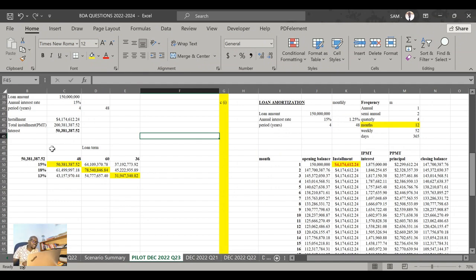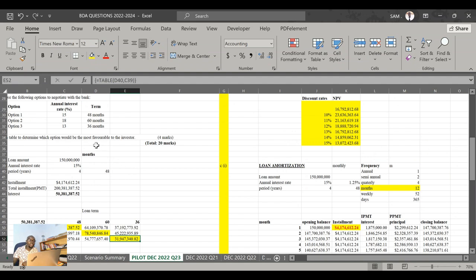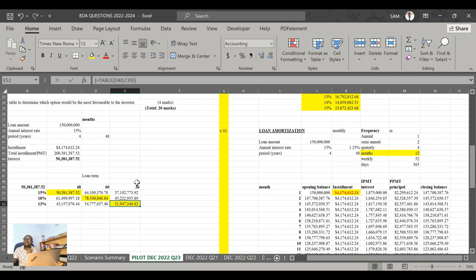So out of the three options, you can see that where you are going to pay the least amount is where you repay back the loan in 36 months at 13% interest rate, and your total interest is 31 million. This was 50 million, this is 78 million, this is 31 million. So the most favorable option is where you are going to pay back the least interest.